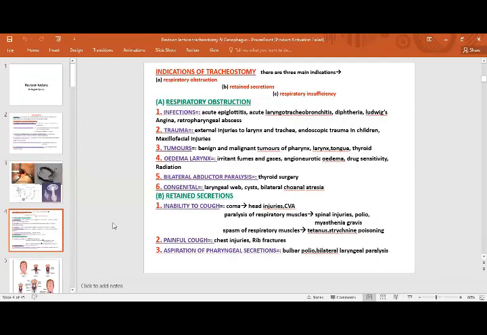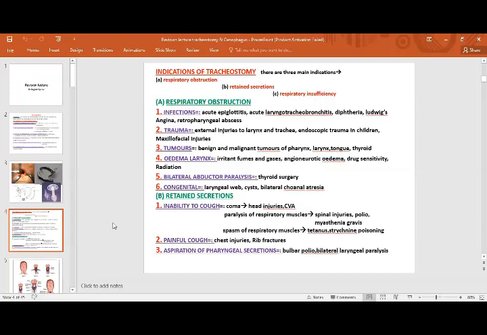So, what are the indications? There are actually three indications for tracheostomy: respiratory obstruction, retained secretion, and respiratory insufficiency. The conditions which can present in respiratory obstruction are inflammatory conditions like acute epiglottitis, bronchitis, trauma, and different types of tumors present in the pharynx, larynx, and tongue.